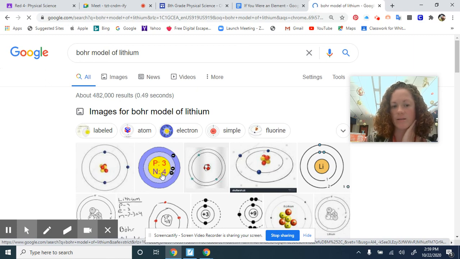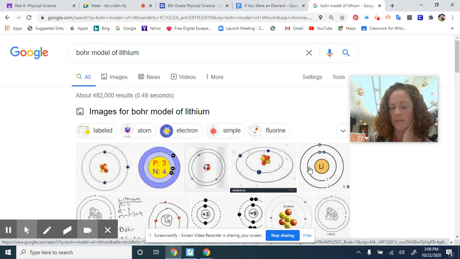So 3 protons, 4 neutrons. But I do want this drawn out. Up to the number 10, you should have all the circles drawn out. So it would look something like this. You'd have 1, 2 on the first ring, and then 1 more on the second ring. So that would equal a total of 3 electrons, 3 protons, and 4 neutrons.